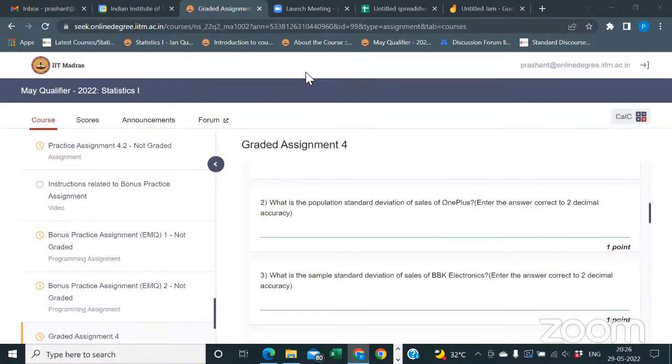Sir, about the correlation coefficient R, does R always tell us about the linear relationship or linear association between dependent and independent variable, or can it give us any kind of relationship like quadratic and others?